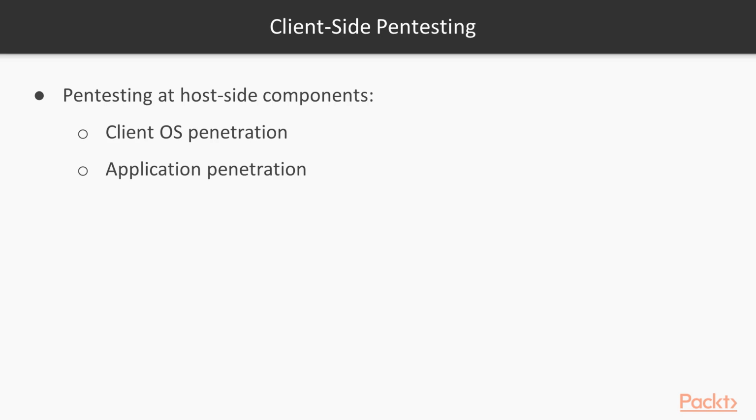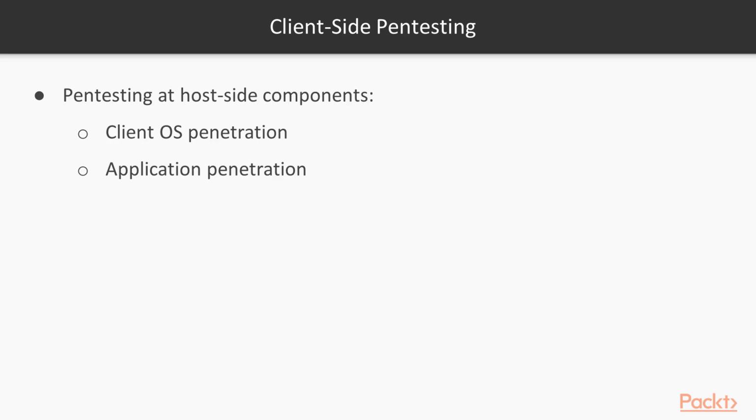And application pen testing: for example, if applications or software are working on the client system and a pen tester is trying to exploit that software, that is called application penetration testing. For example, if PHP is working and is not patched, right, you are still using the older version of PHP, that is considered client-side pen testing. Or application pen testing, which is working inside your operating system.